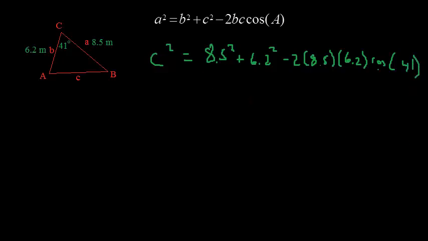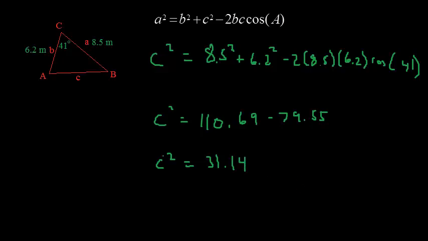Now all I have to do is solve everything here, and that will tell me what C squared is equal to. 8.5 squared plus 6.2 squared gives me 110.69, and then minus 2 times 8.5 times 6.2 times the cosine of 41 gives me about minus 79.55.